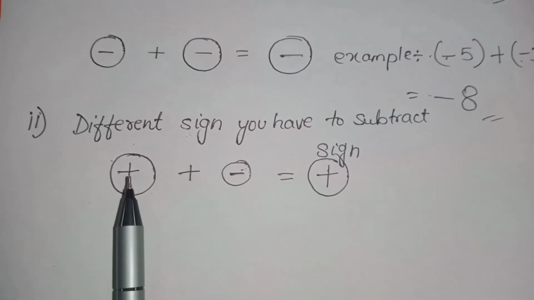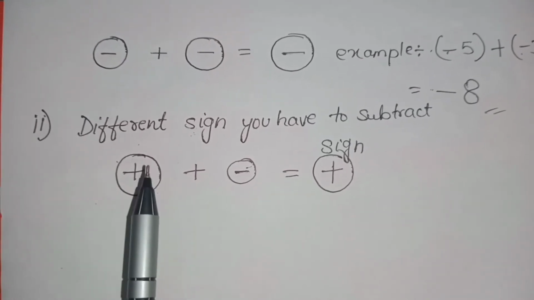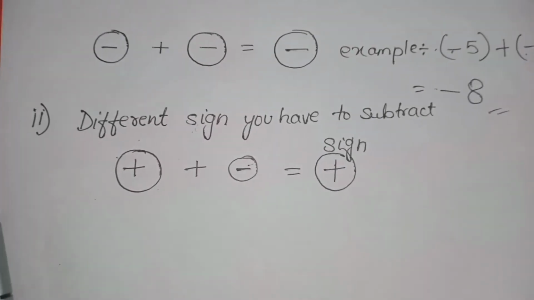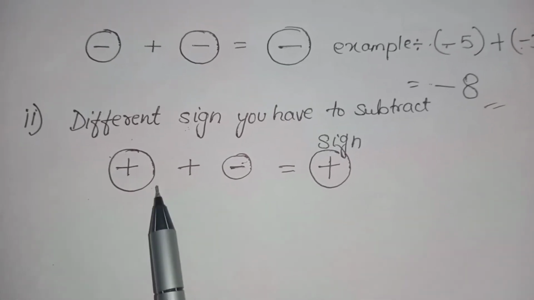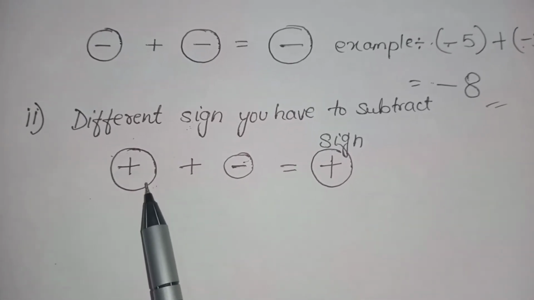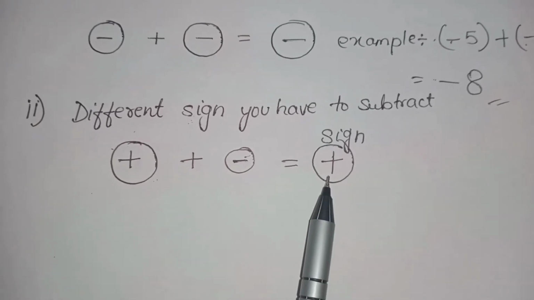You will put the sign, okay, of the number which has larger value. Okay, so if your positive integer has larger value, then what you will do? You will put the plus sign.